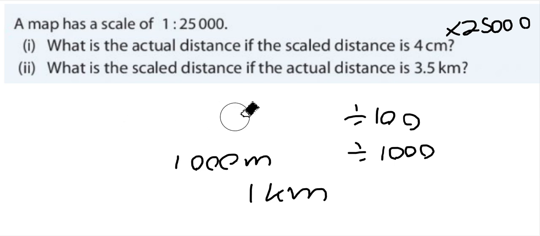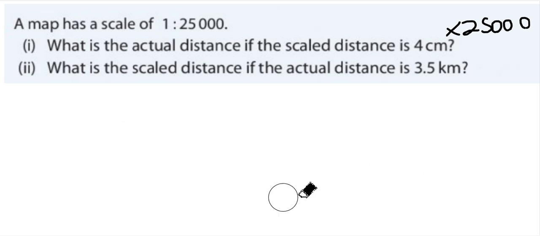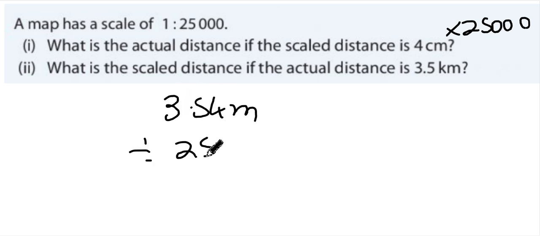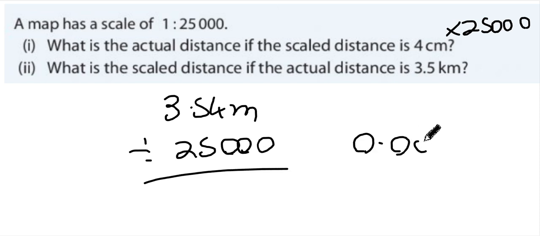What's the scale distance if it's actually 3.5 kilometers? Well, you get your 3.5 kilometers and you divide it by 25,000. What do we get? 0.00014. Okay, that's no good because that's in kilometers.